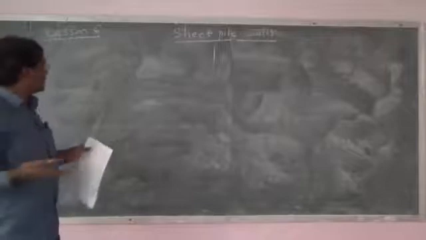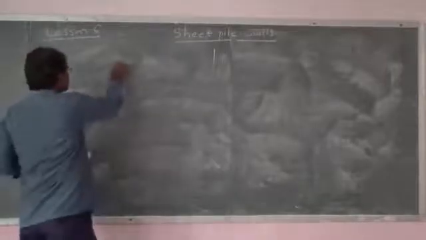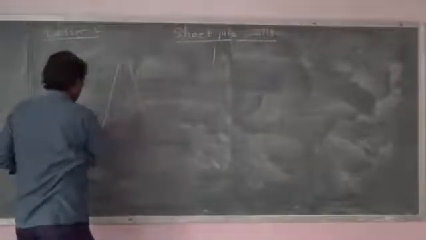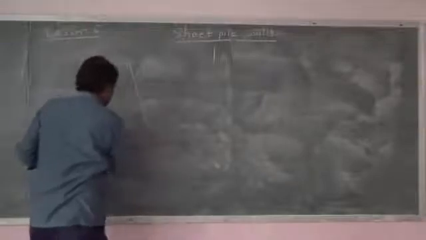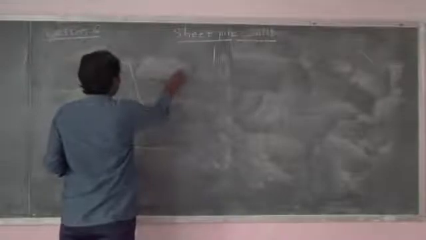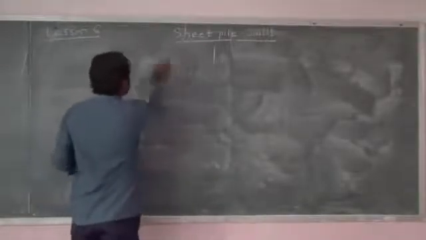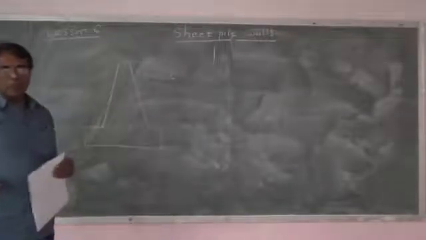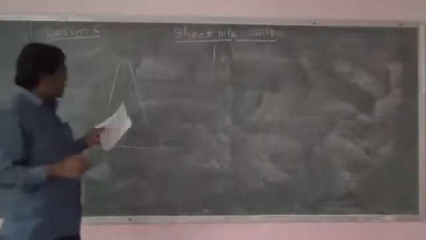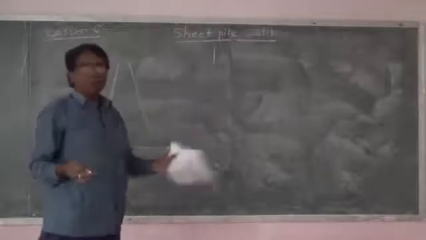So retaining wall is nothing but, suppose walls will be like this, and on this side some soil is there, and these walls are constructed to retain this soil. So the same work sheet pile wall also does.